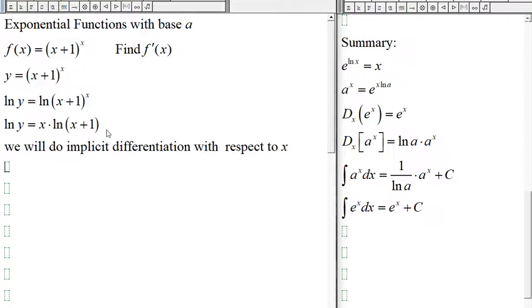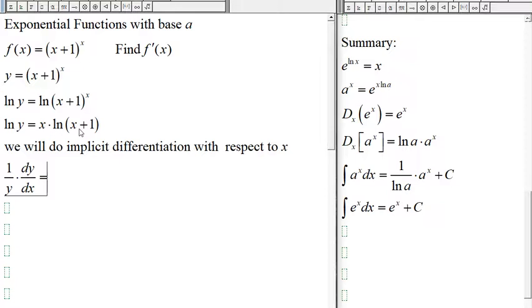So we're doing the derivative with respect to x, but the variable here is y, so we'll do the regular derivative. The derivative of ln y is just 1 over y, but the variable is y, so we have to multiply by dy dx. And then here, this is just x, and we're doing a derivative with respect to x, and so we just do the usual derivative.